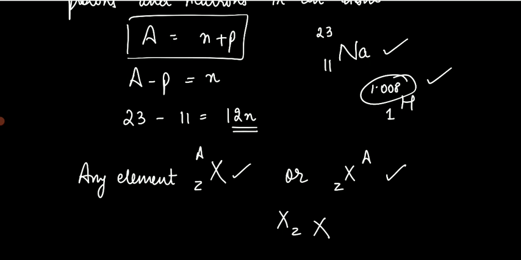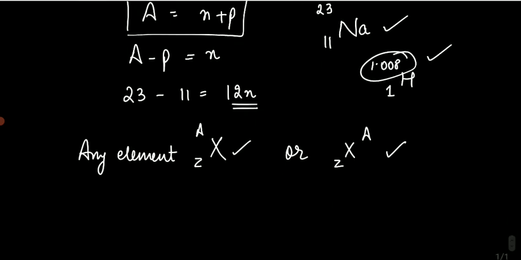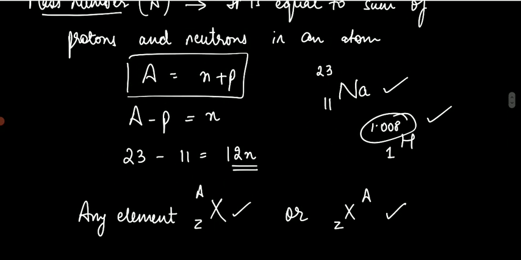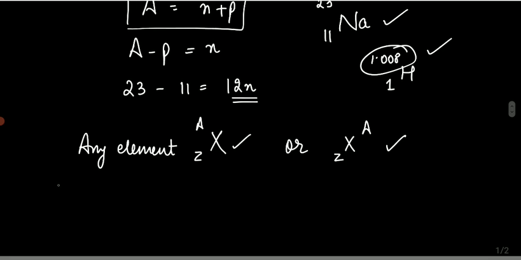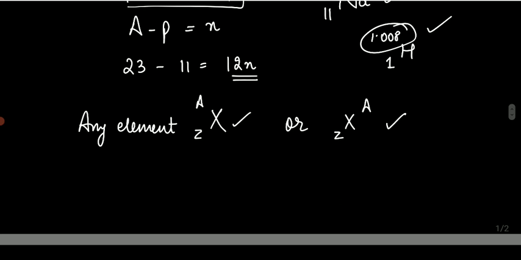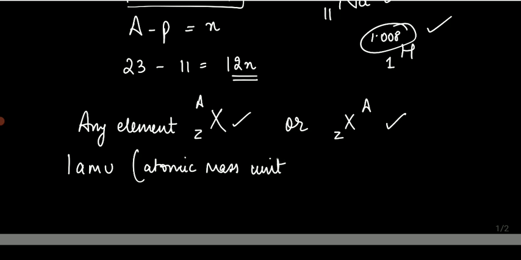Coming to the next part, usually how do we calculate the mass? We express this mass in AMU values. So 1 AMU, that is your atomic mass unit. Now, this is a very important value, specifically in the atomic structure chapter.